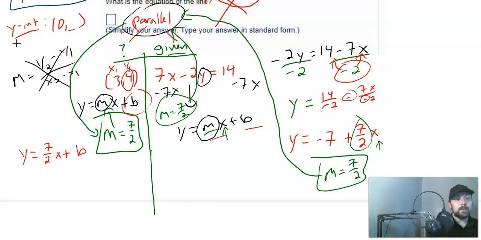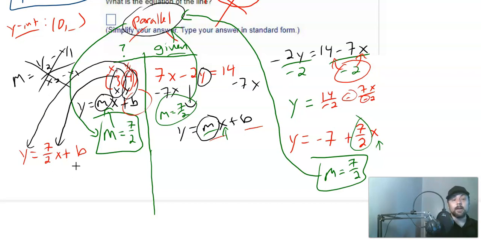Then to find b, you take the point you were given and plug it in for x and y. So here you're going to have to kind of mess with the variables. I'm temporarily going to plug in 3 for x and 4 for y. This is only temporary, just long enough so that I can solve for b. And once I know what b is equal to, I revert back to having my variables.